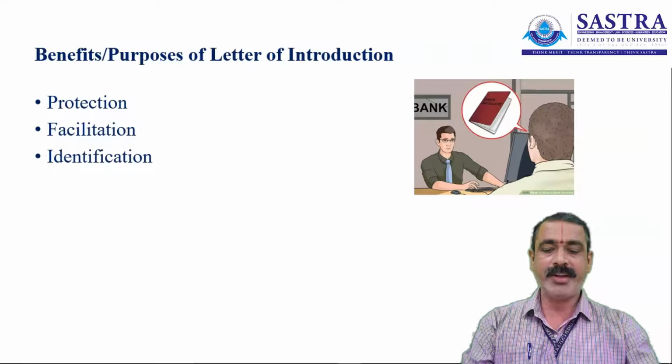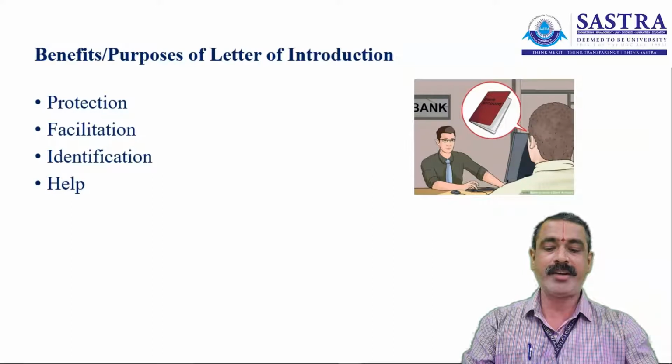Third is to identify the people, protecting against an undischarged insolvent, whether he is insolvent or solvent. It is to be identified and also to be protected by the banker. And help is another purpose. In what way?